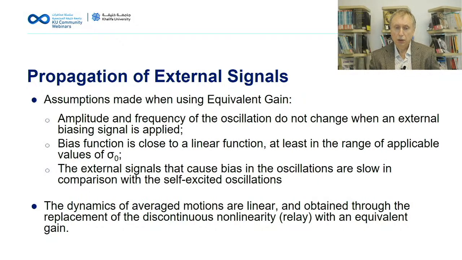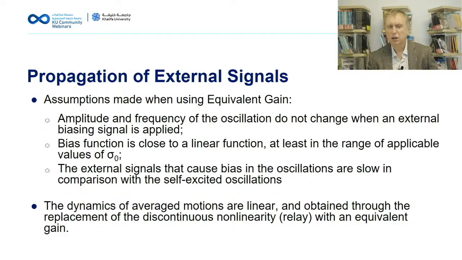Now we can use this equivalent gain for the analysis of the propagation of external signals through the relay system. It is done on the basis of the following assumptions.